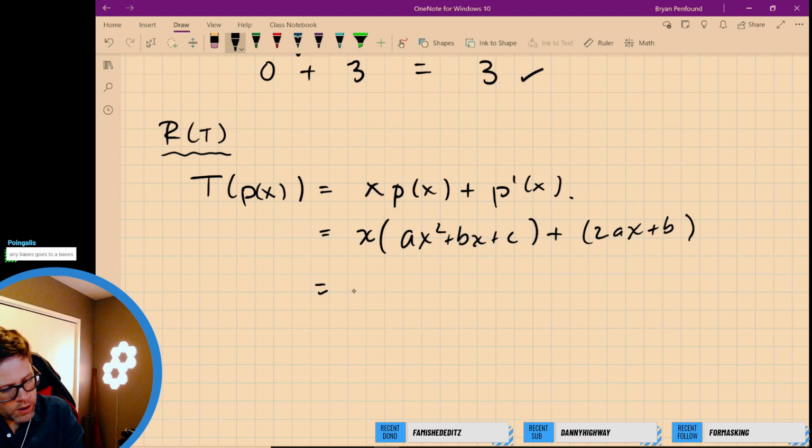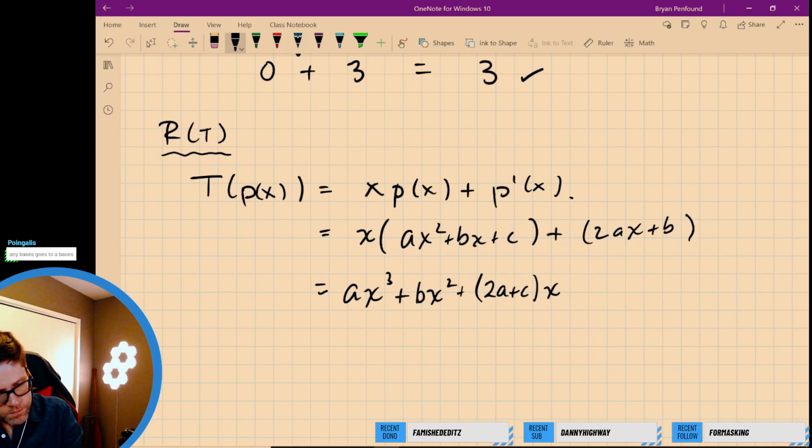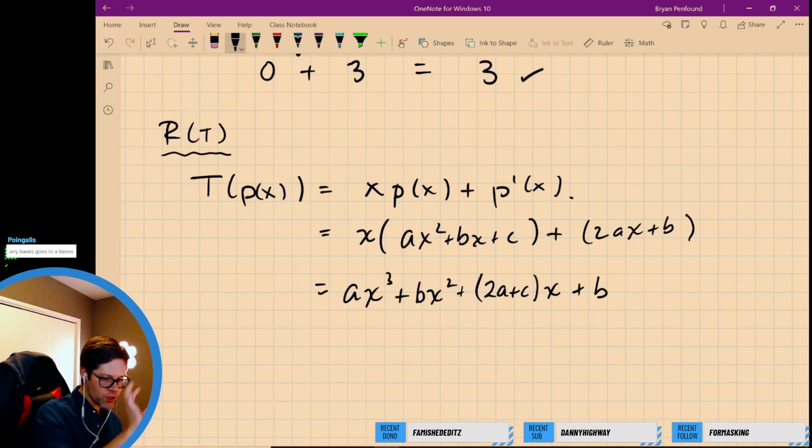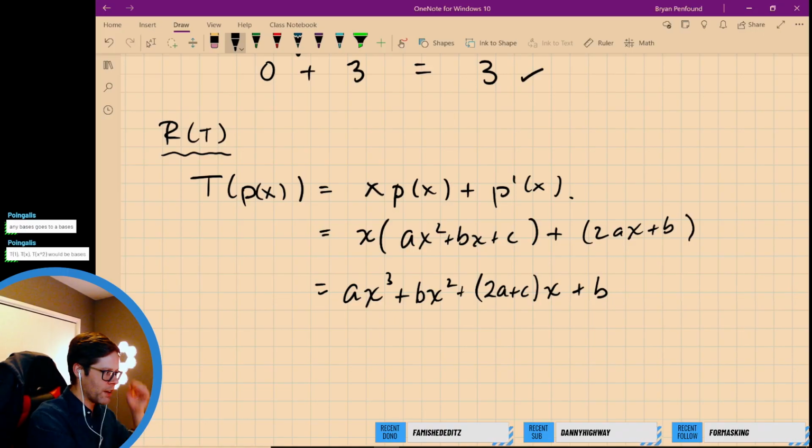So what are we getting over on this side? We're getting an ax cubed plus bx squared plus cx. We're going to pick up another 2a, so we'll get 2a plus c x's, and then plus a b. So this is what the range is going to look like. It's all the polynomials that have this form.